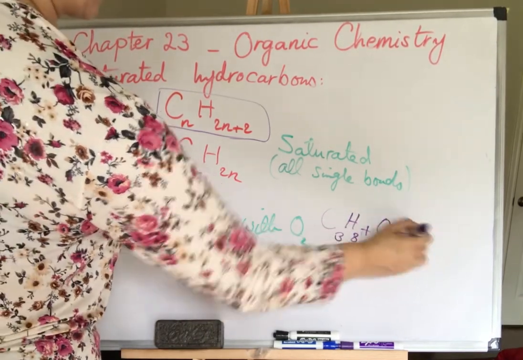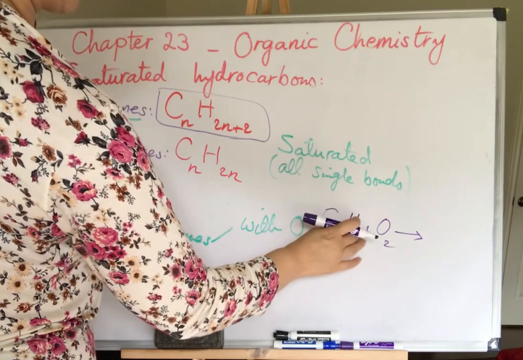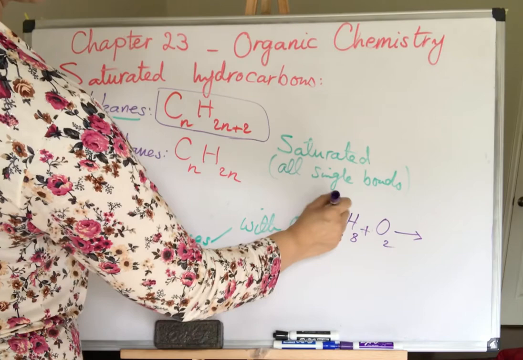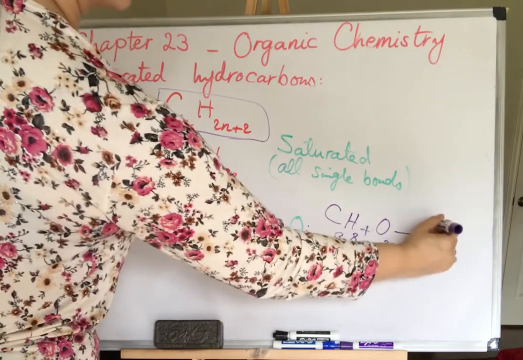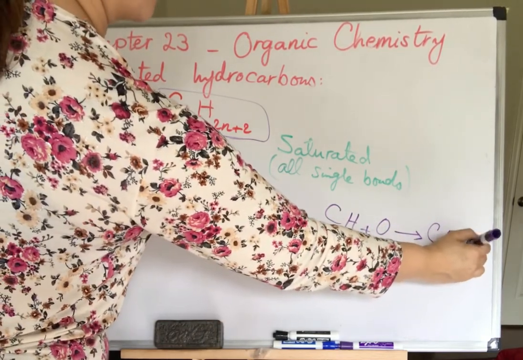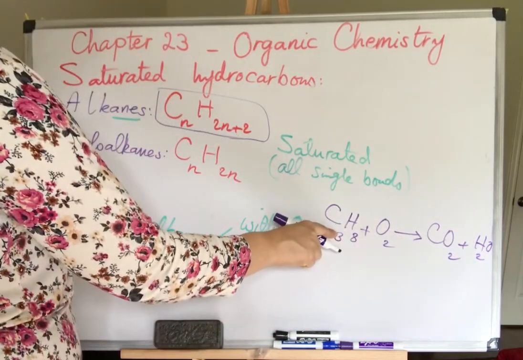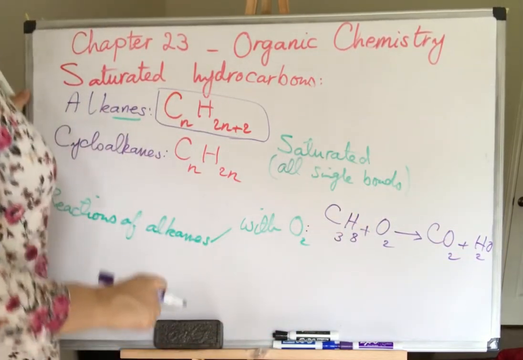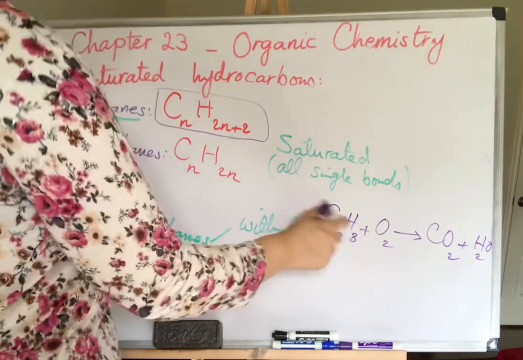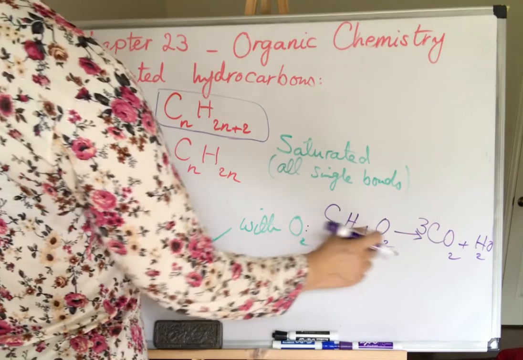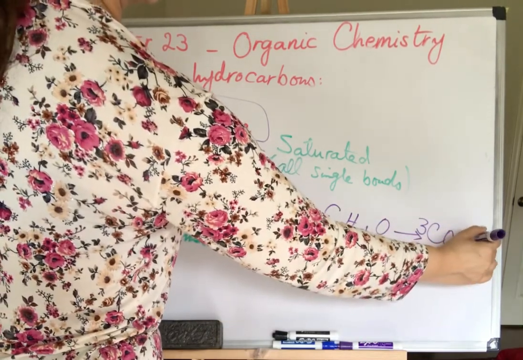Your products are always carbon dioxide and water, and depending on the number of carbons, you will get a different number of carbon dioxide and water molecules. So 3 carbons, just a simple balancing. 8 hydrogens and 2 here, so you need 4.